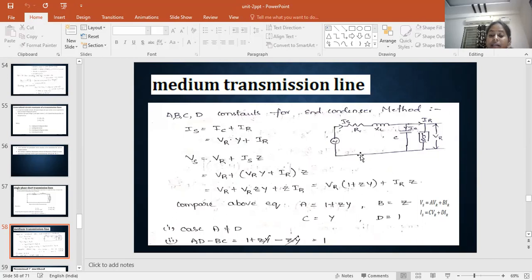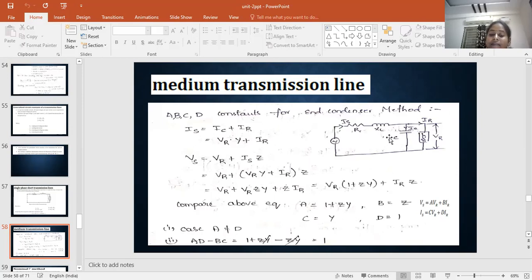In the end condenser method, Is is divided into two currents, that is nothing but IR and IC. So Is equal to IC plus IR. IC is nothing but the capacitive current. The capacitive current value we can find by using the voltage and capacitance value, VR by XC.